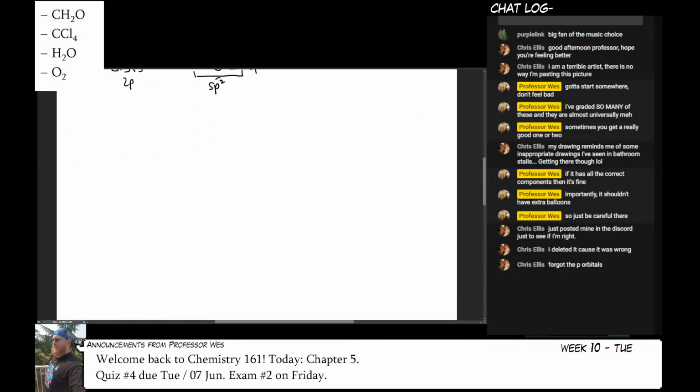CCl4 looks like this when I draw its Lewis structure. This one is just super obnoxious to draw, but it is really simple.